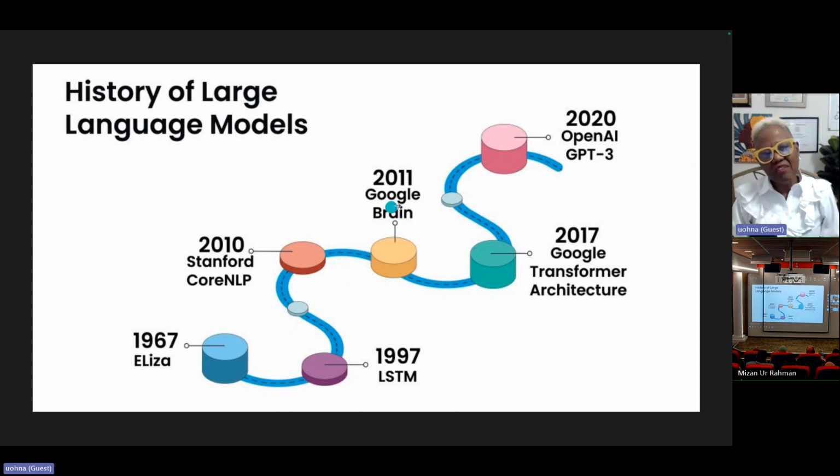And then in 2011, we had Google Brain. That was another landmark activity in the field of large language models. But the most important thing as far as these large language models are concerned was the transformer architecture, right?